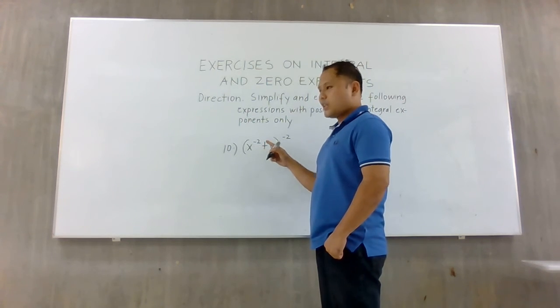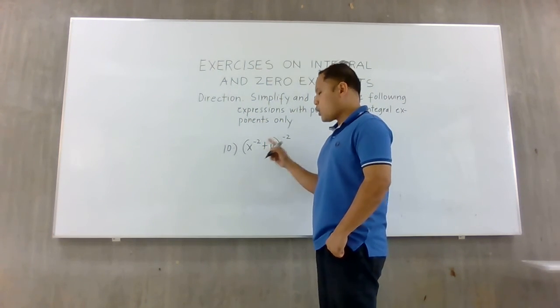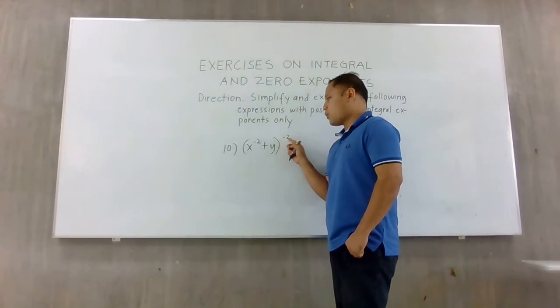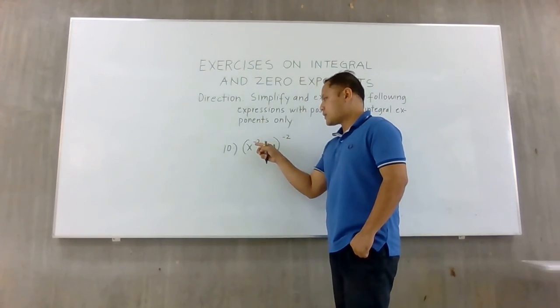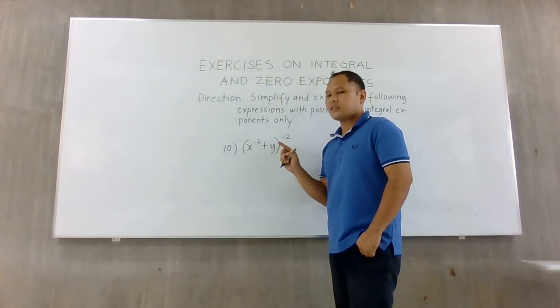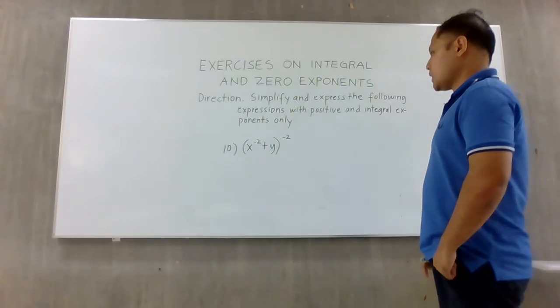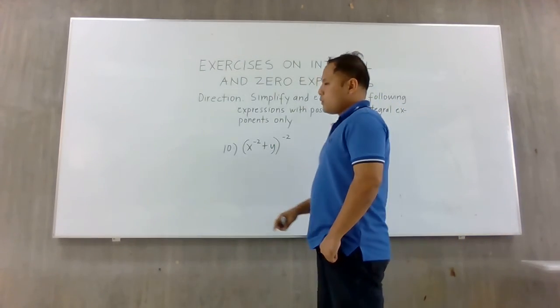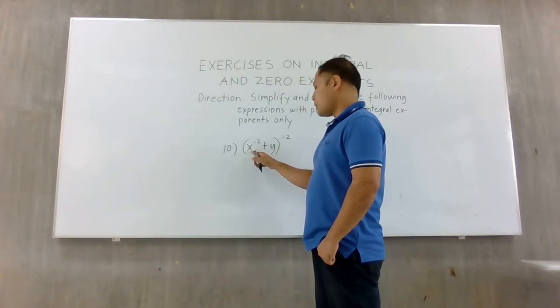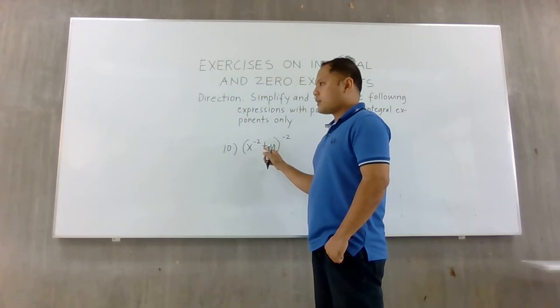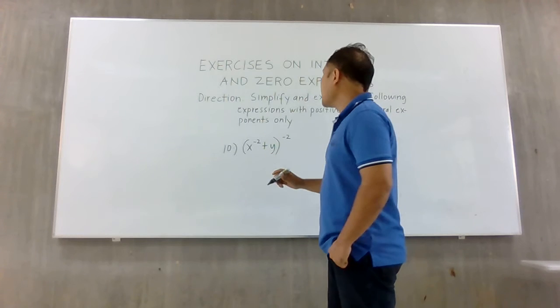This is already an operation of addition. So you cannot just simply multiply this exponent to the exponents inside the parentheses. That is a violation. So we need to simplify first the expression inside the parentheses.